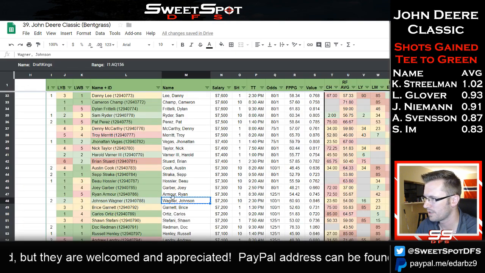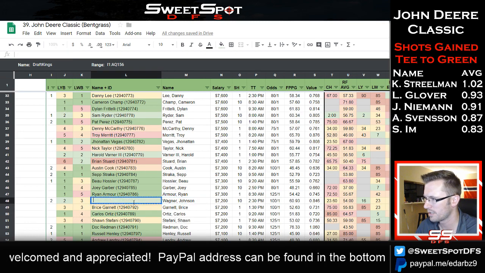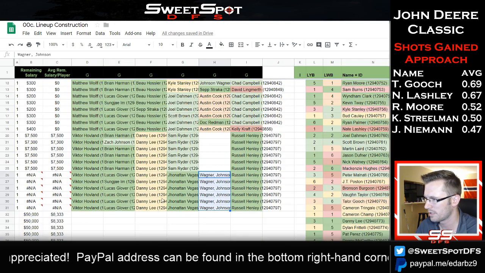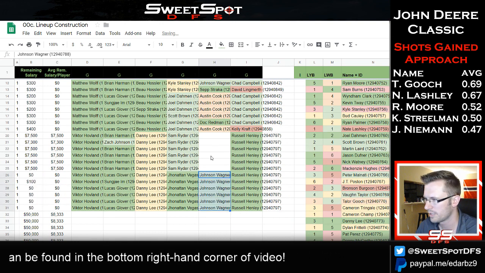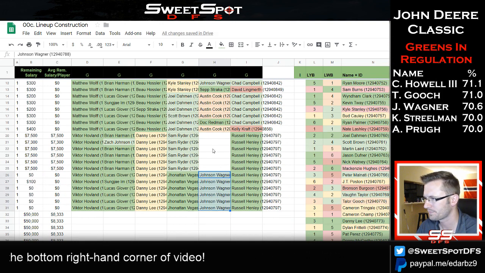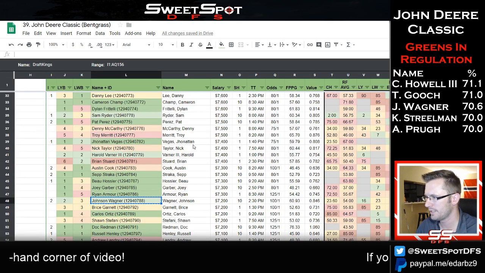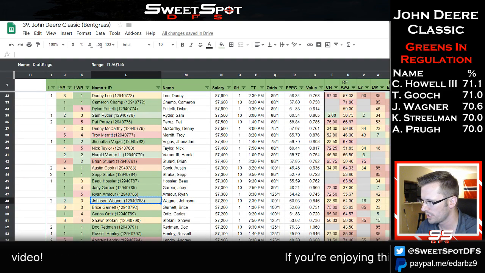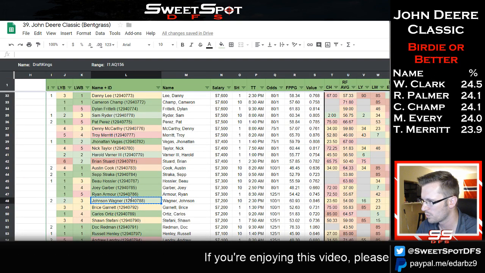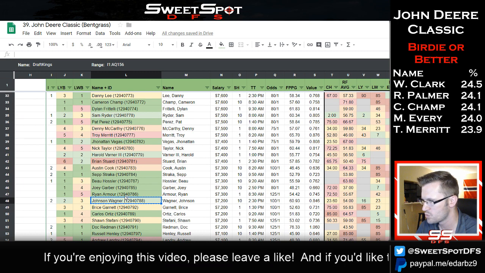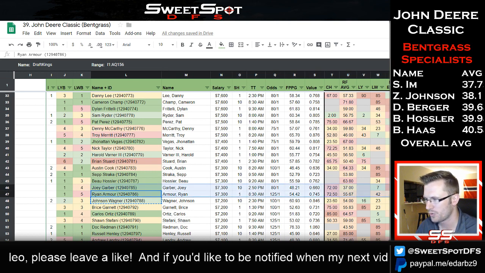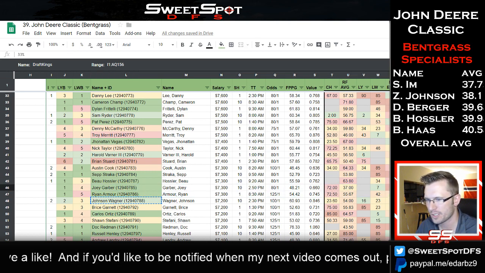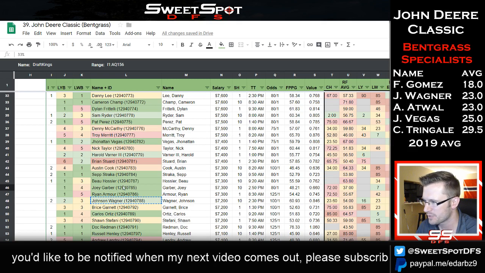I selected the wrong one. There you go. And 72 are better here. Joey Garber with a 33% bent grass, top 10 finish percentage.